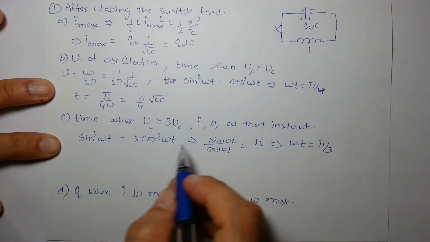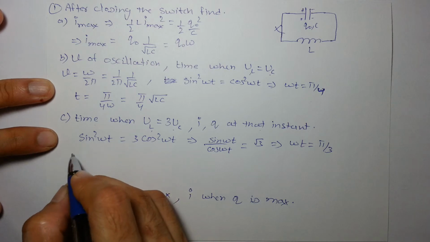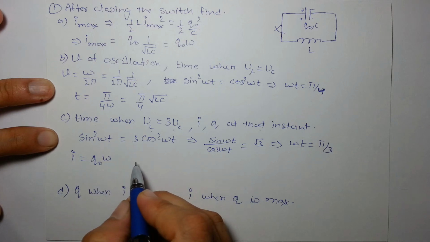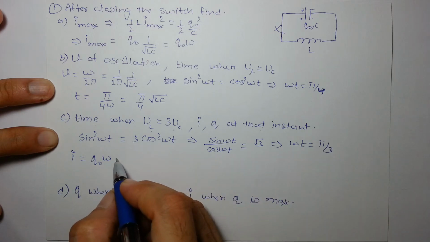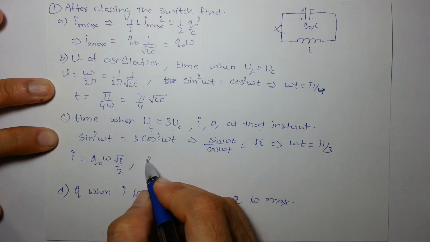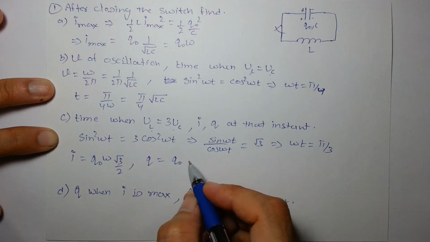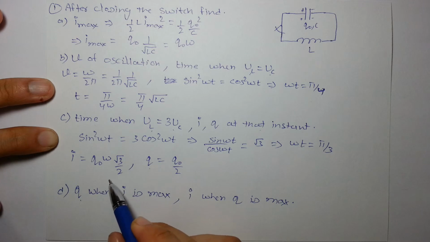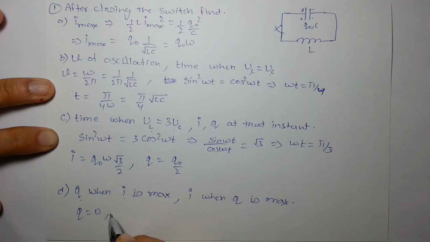Current and charge at this instant: current is Q naught omega sine omega t, and sine pi by 6 is root 3 by 2. Charge is Q naught cos omega t, which is Q naught by 2. When I is maximum, Q is 0, since Q is a cos graph and I is a sine graph. Q is 0 when I is max. Similarly, we can say I is equal to 0 when Q is max.